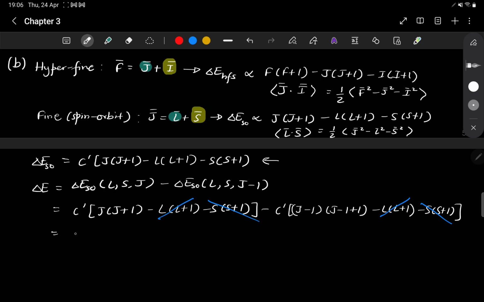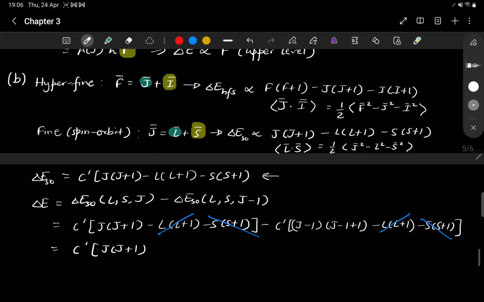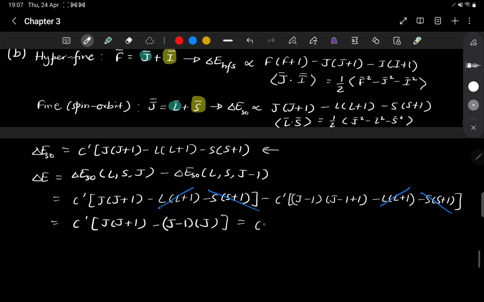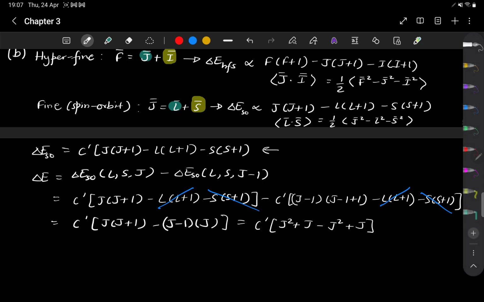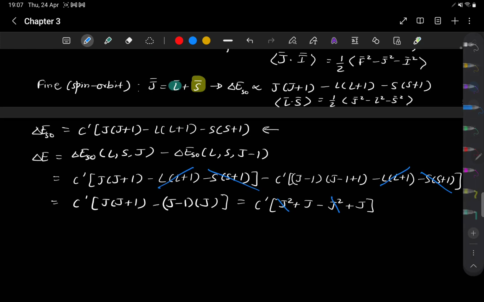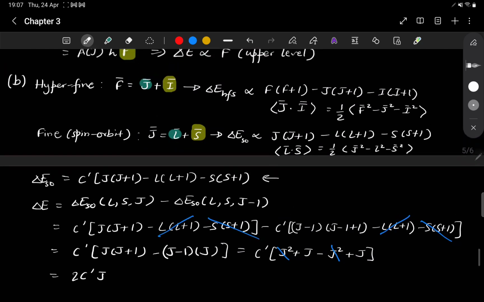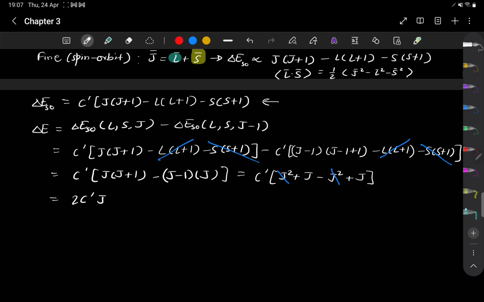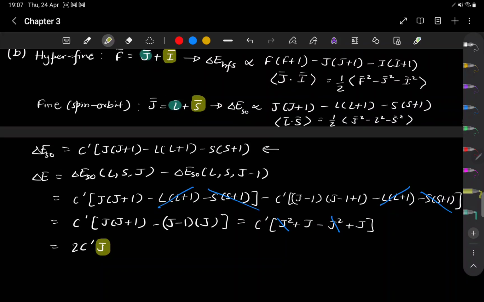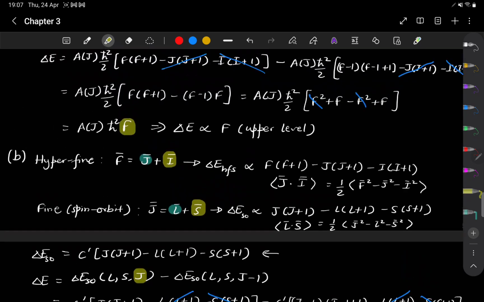This leaves me with C prime J into J plus 1 minus J minus 1 times J, because J minus 1 plus 1 is J, and simplifying I get J squared plus J minus J squared plus J. So J squared and minus J squared cancel out, and finally I am left with, and once again you can see this is proportional to J. The term that comes is J, which is the higher energy level.